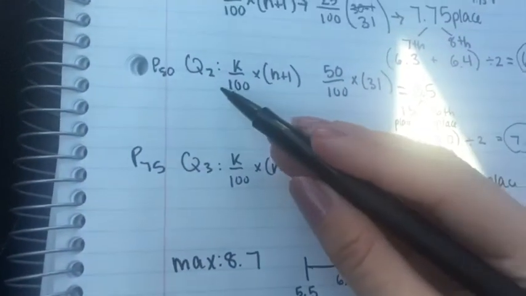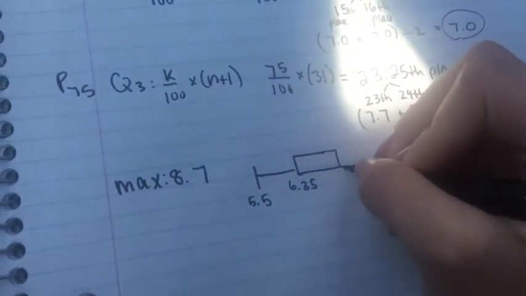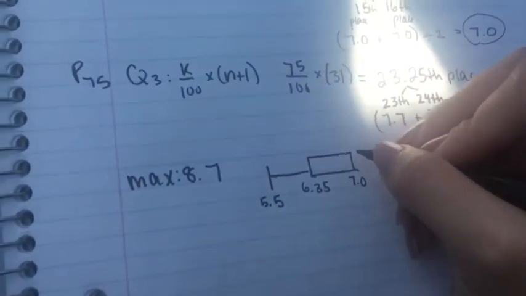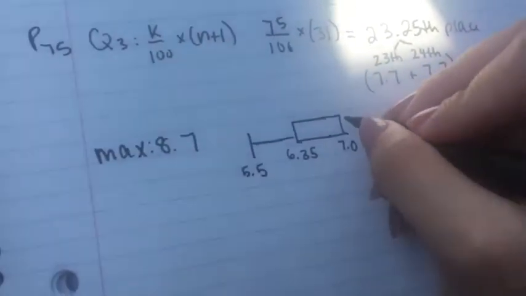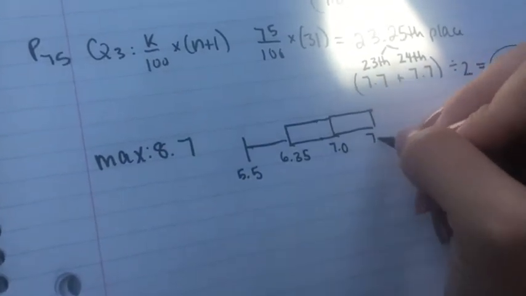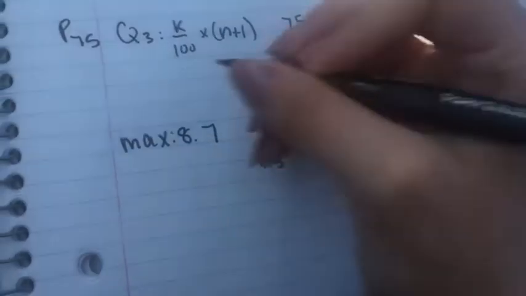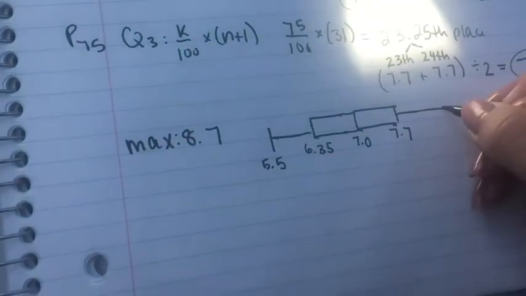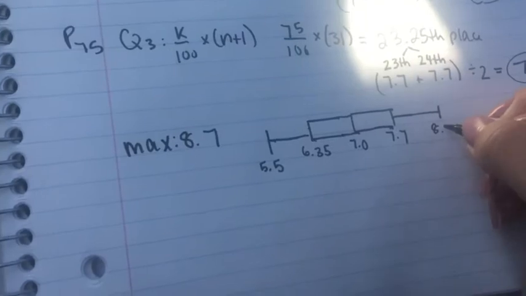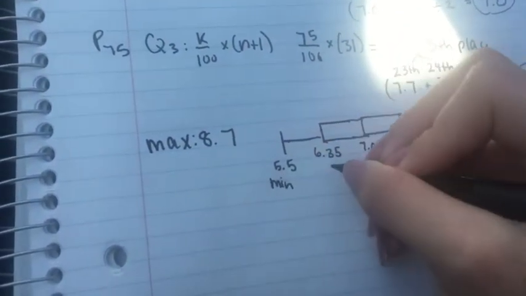And then my Q2 was 7.0. And my Q3 is 7.7. And now my last line is going to be my max, which is 8.7. And that is how you make your 5-number summary.